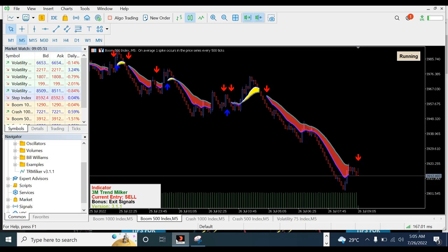Okay, boom and crash are part of our synthetic indices, and they are amazing. They are traded 24/7. There is no special time for trading them. They are also more volatile than most currency pairs.